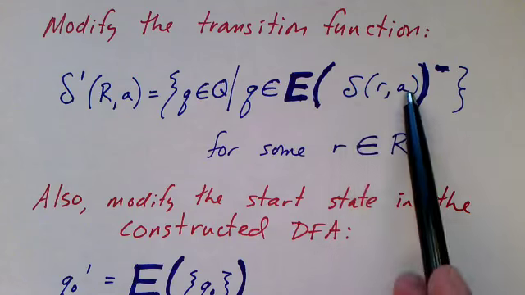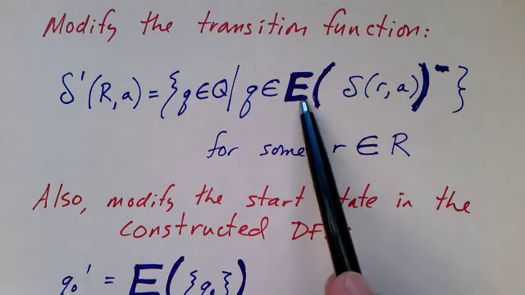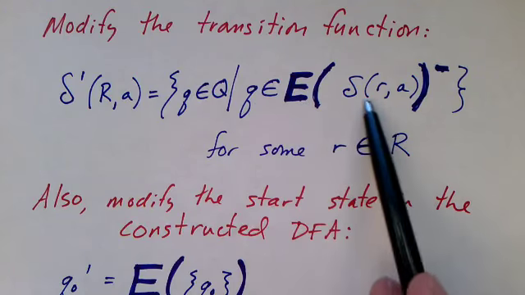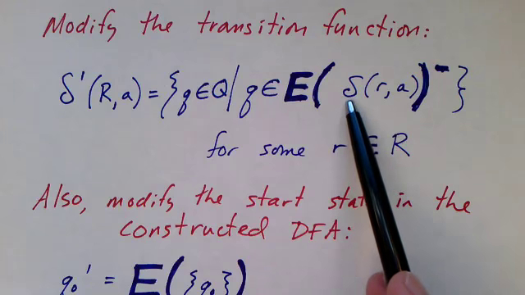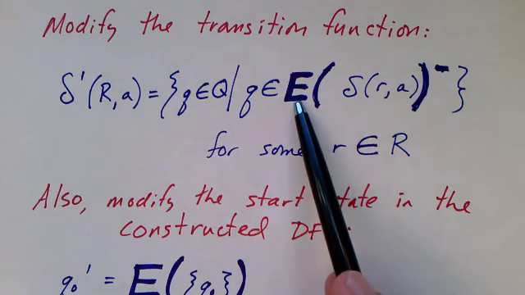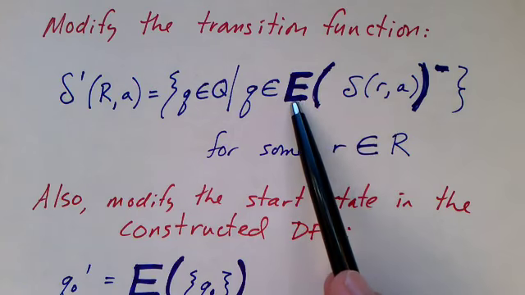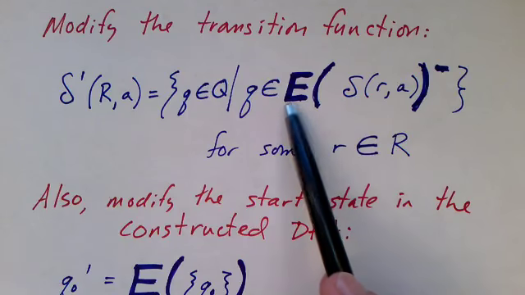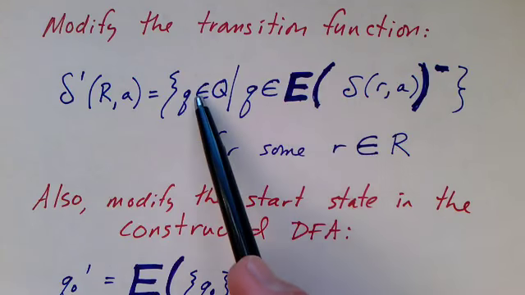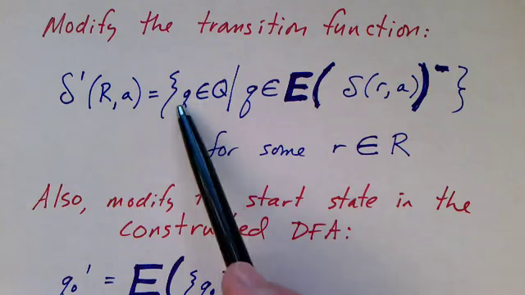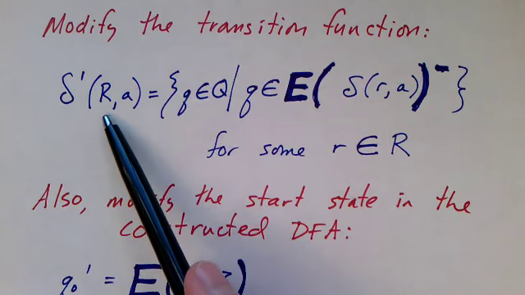And from those places, where could we get to by following epsilon edges as well? Any state we could reach by taking the transition function in the non-deterministic machine and then some epsilon edges, if they exist, is something we could reach. So we have to put that in the transition function we're defining.